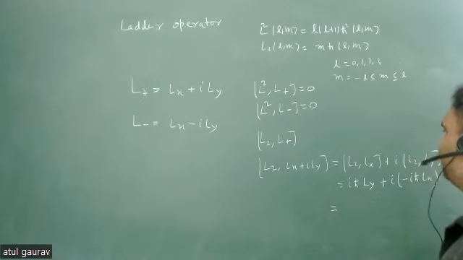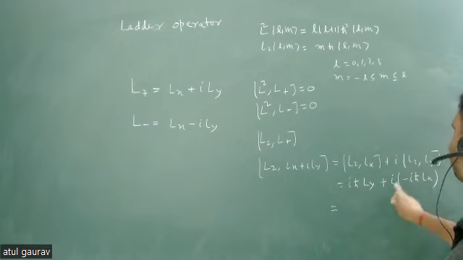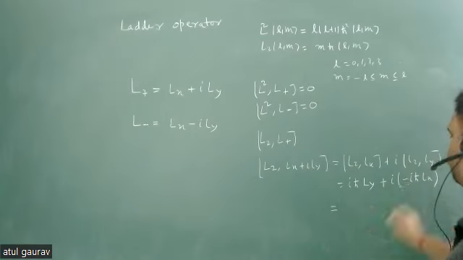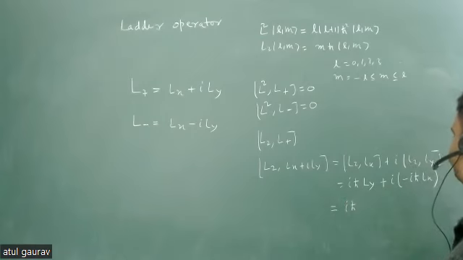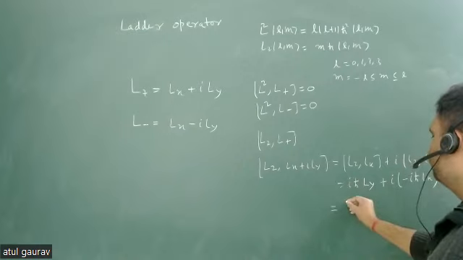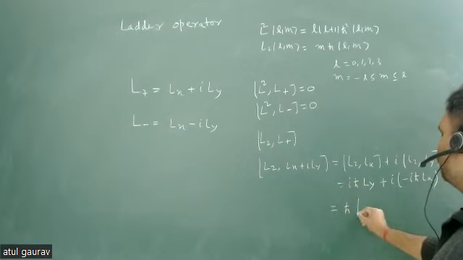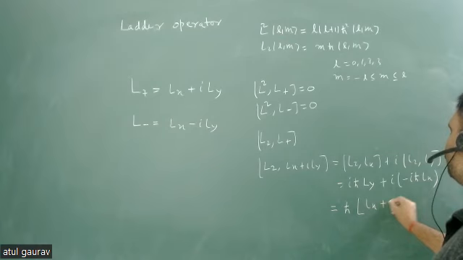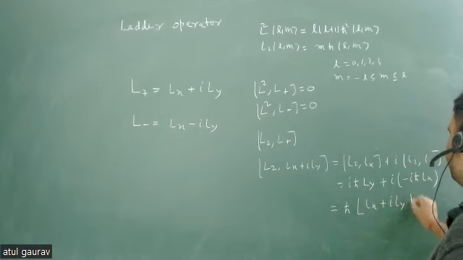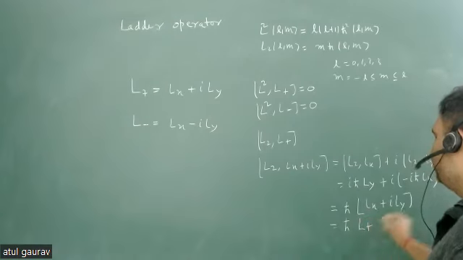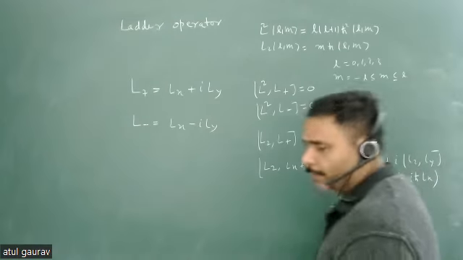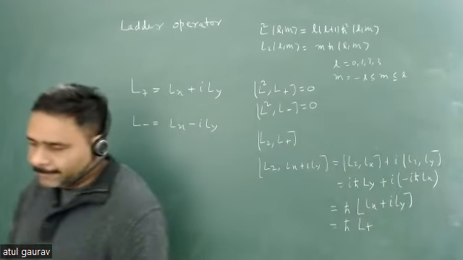So i times minus i gives plus, and we can take ħ common, leaving Lx plus i Ly, and this is nothing but ħ L plus. Are people happy with this calculation?